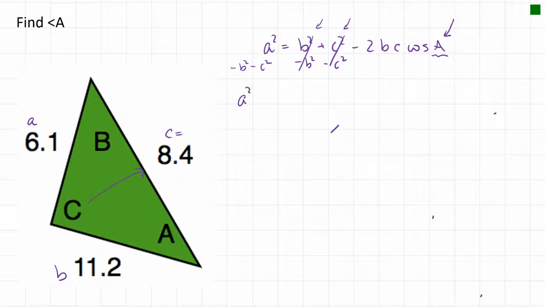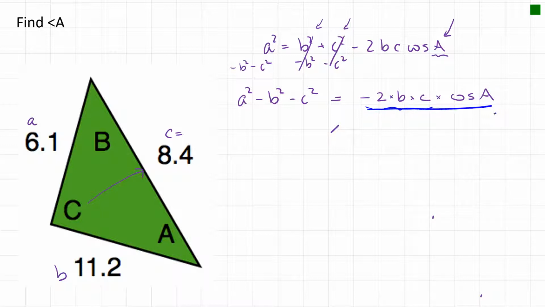So I've got a squared minus b squared minus c squared equals negative 2 times b times c times the cosine of A. And I put those little multiplication signs in on purpose because my next job is to try and get rid of these three coefficients. And they're all attached to the cosine by multiplication.